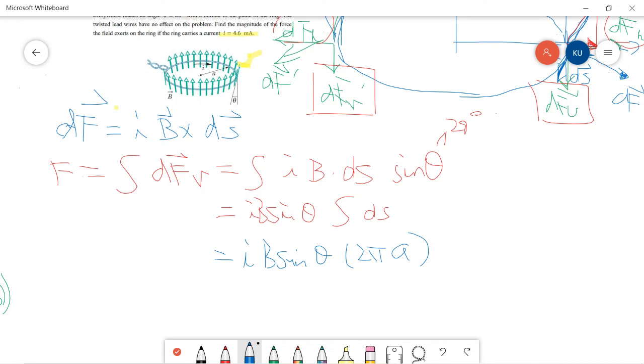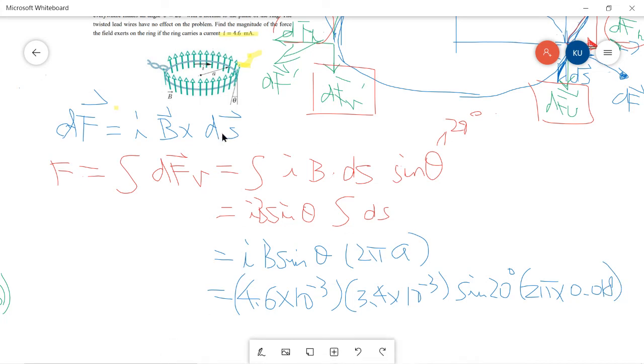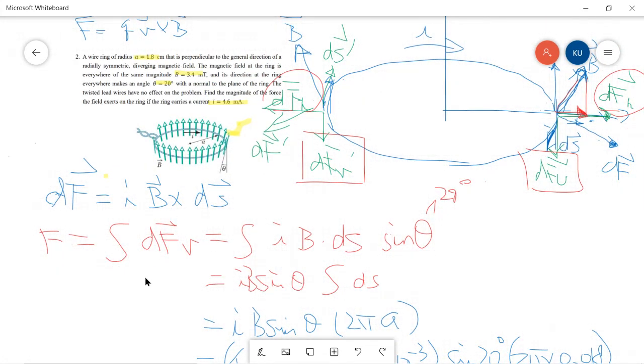So the answer is something like this. We can substitute everything in. I is 4.6 times 10 to minus 3, B is 3.4 times 10 to minus 3, sine 20 degrees, and 2 pi times a, where a is 0.018, 1.8 centimeter.